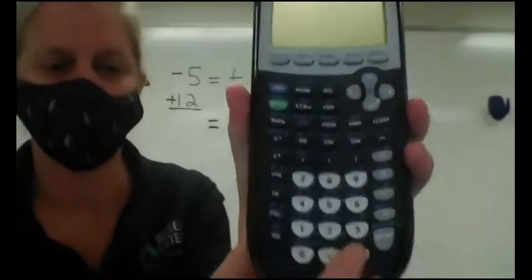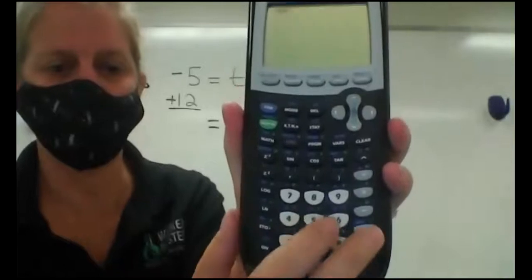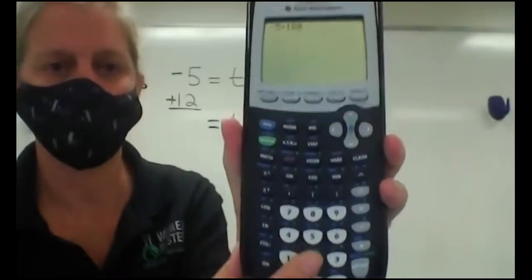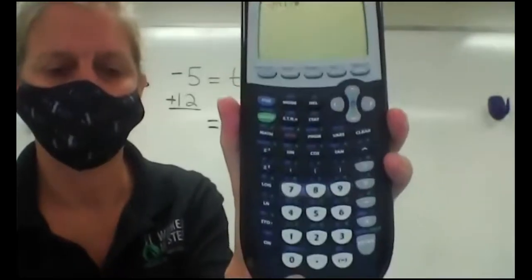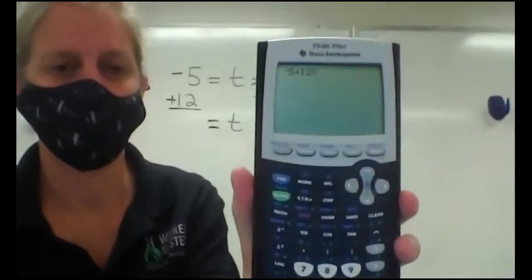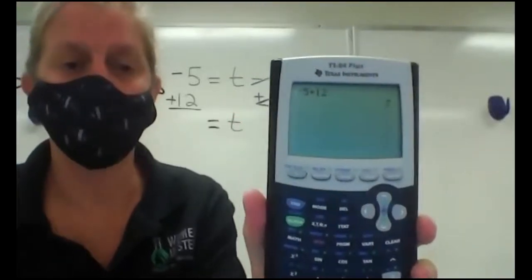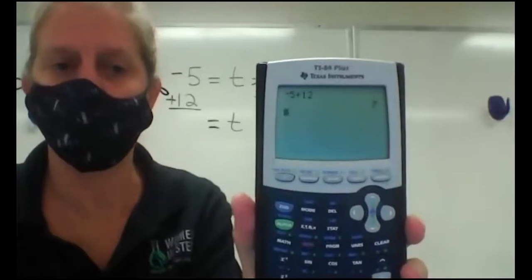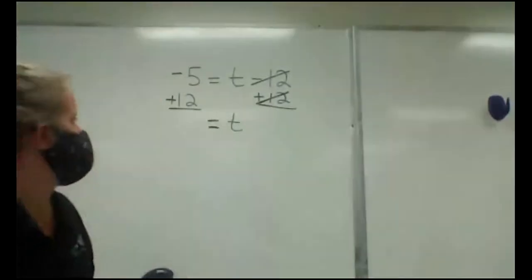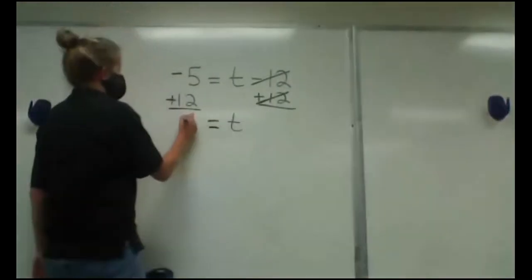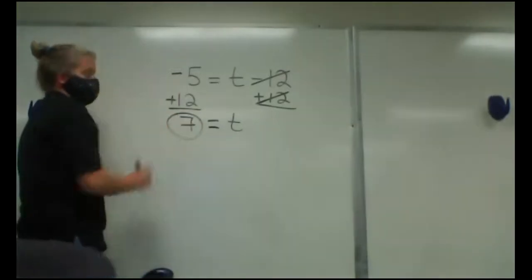Negative 5 plus 12. Hit enter. Look where you are now. You now have 7. Okay, so negative 5 plus 12 gives me 7. So 7 is your answer.